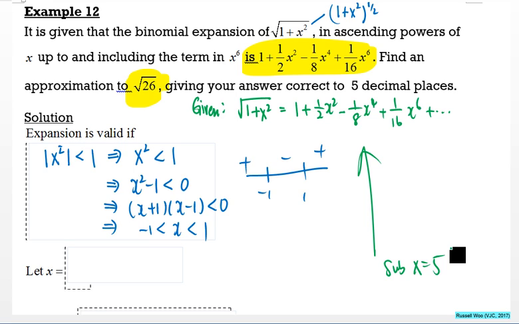So this one clearly doesn't work. Then our question is what do I substitute here? Follow? Any idea? Any smart ideas here? Substitute x equals to what?